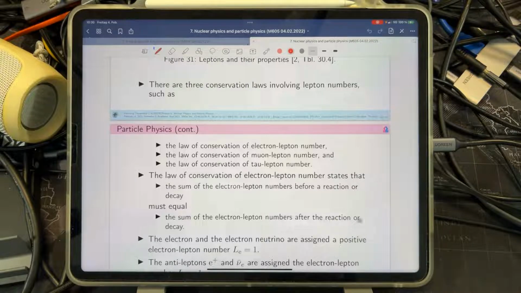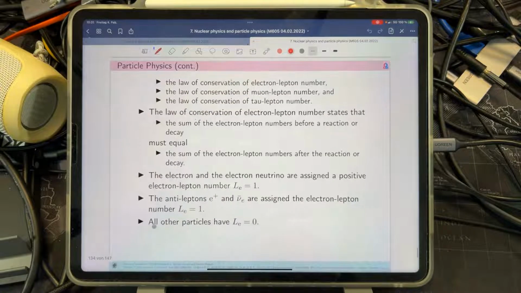The electron and the electron neutrino are assigned a positive electron lepton number, Le equal to 1. The anti-leptons like the positron and electron antineutrino are assigned an electron lepton number of, sorry, this is -1. Sorry for that.